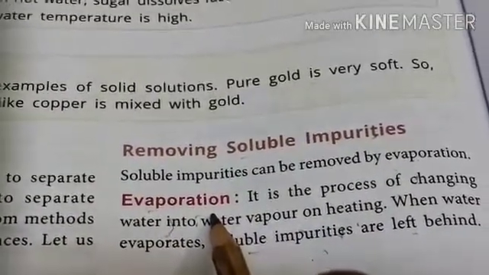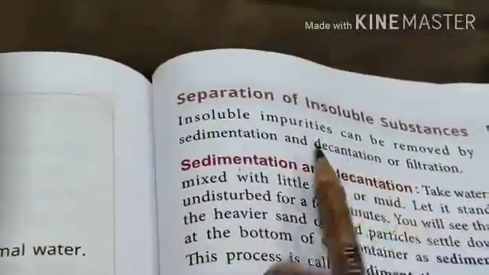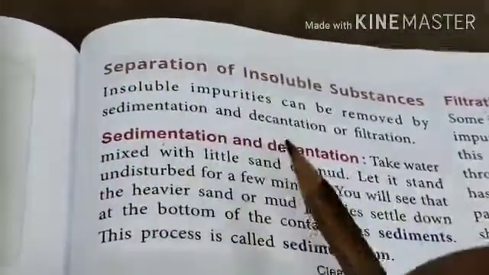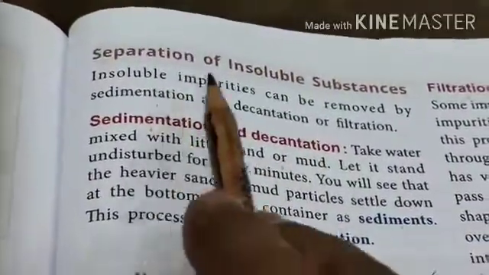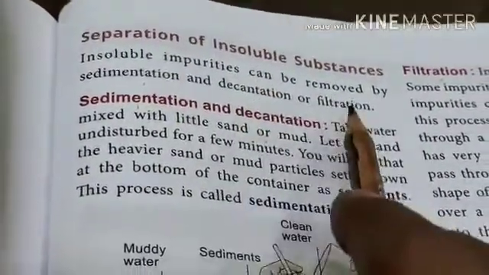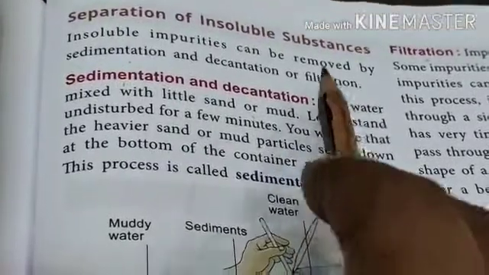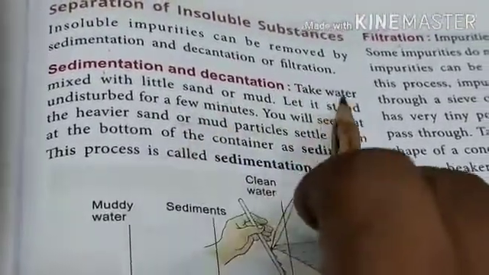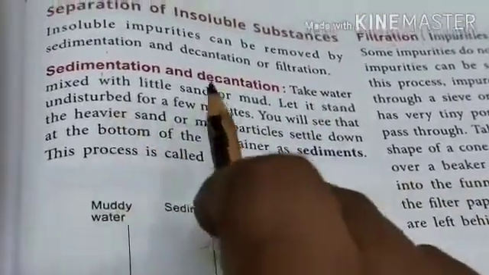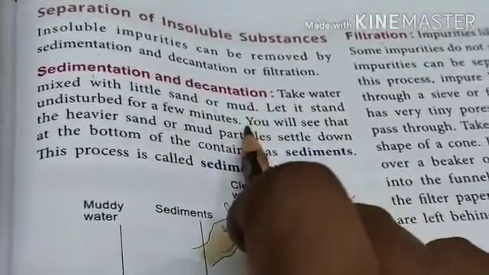Now children, let's see the separation of insoluble substances. The insoluble substances can be removed by sedimentation, decantation and filtration. For that, let's take water mixed with little sand and mud.